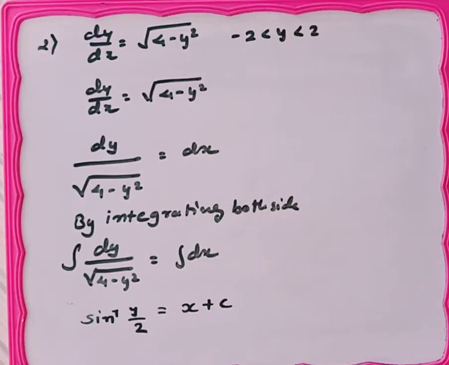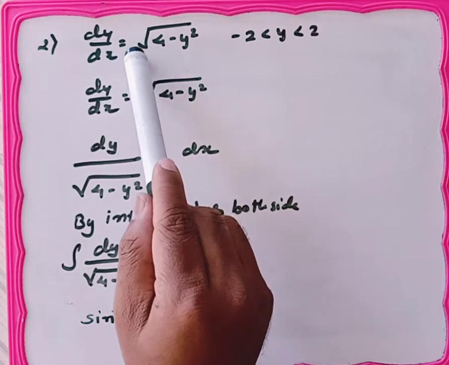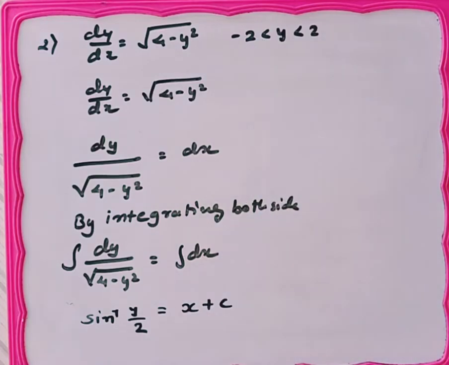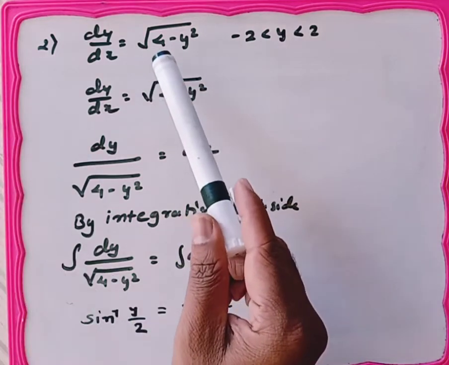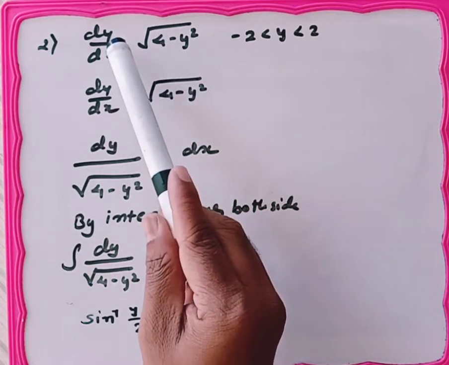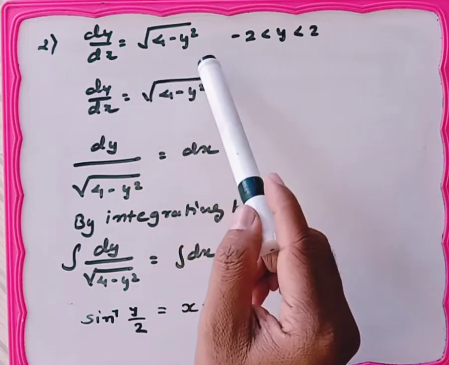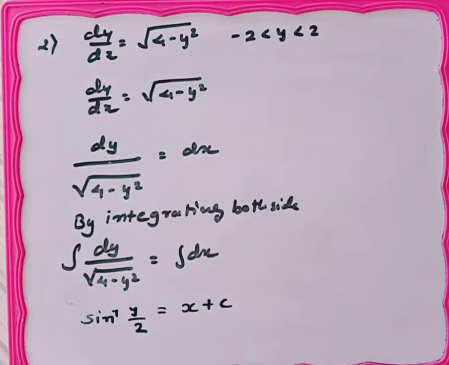Now question 2. We have the differential equation dy by dx equals under root 4 minus y square, where y value lies between minus 2 to 2. So we need to find the general solution for this differential equation. We separate the variables: dy upon under root 4 minus y square equals dx.